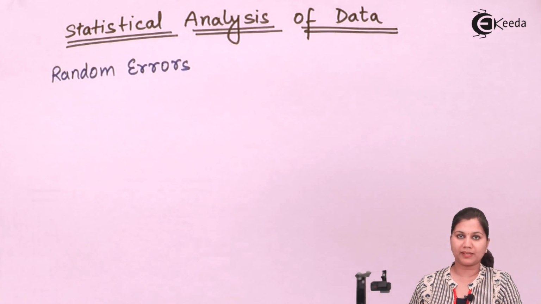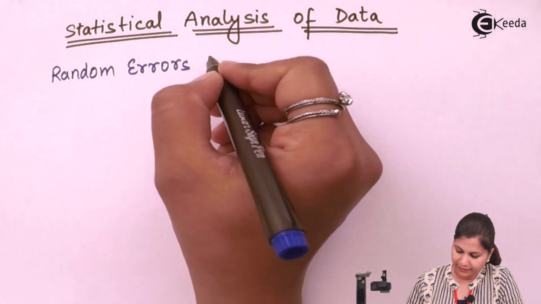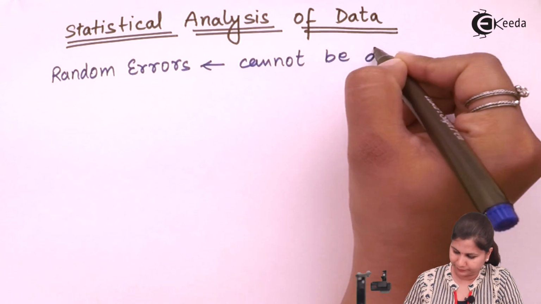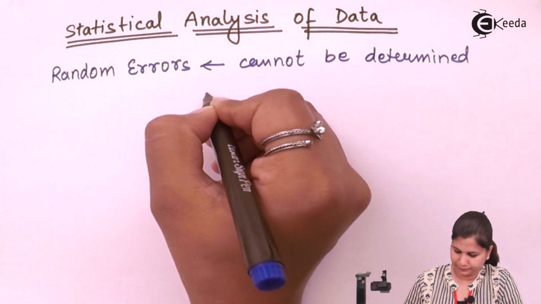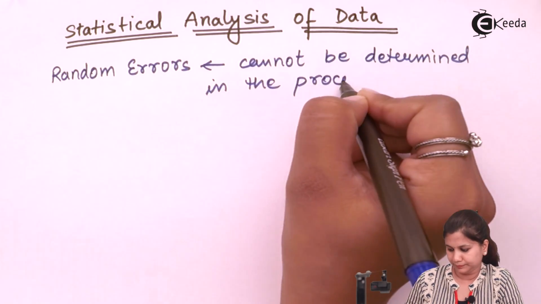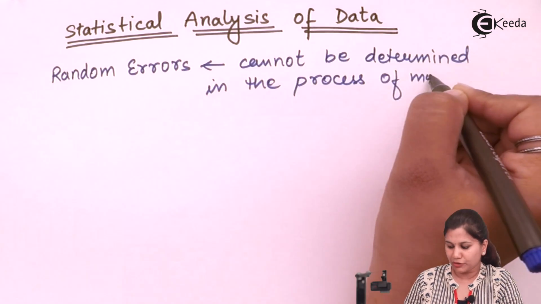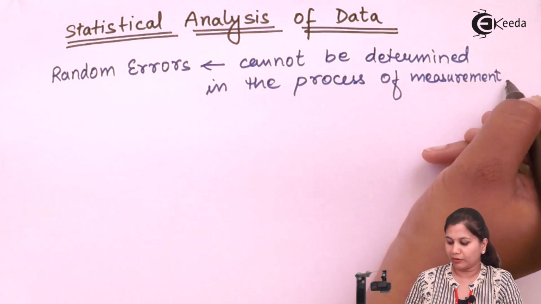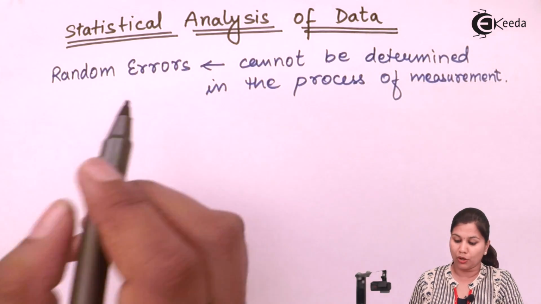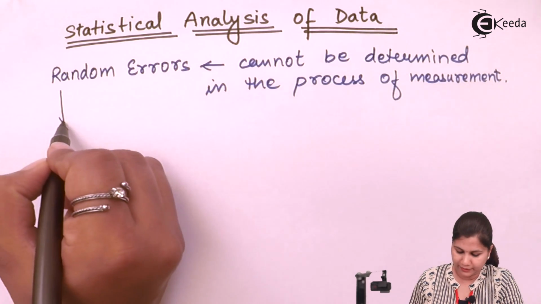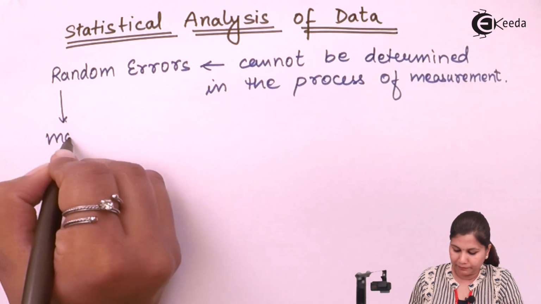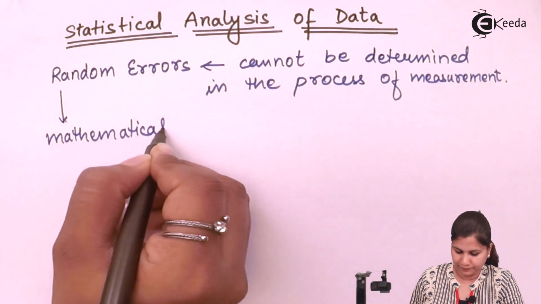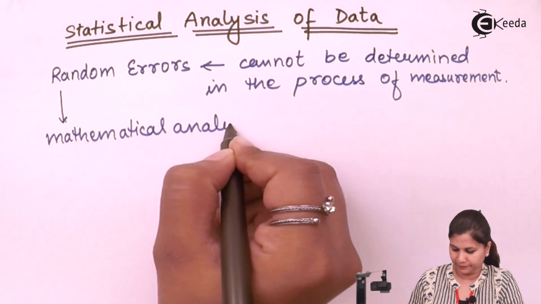These random errors cannot be determined in the process of measurement. Means while we are doing the measurement, at that time we cannot determine these random errors. So to calculate them, we have to do some mathematical analysis.